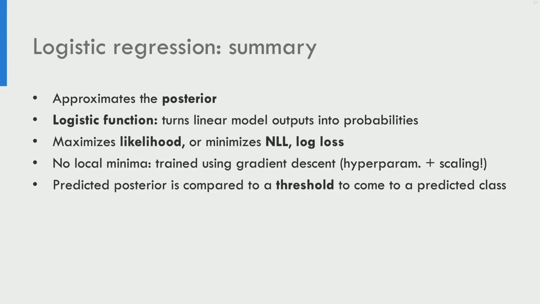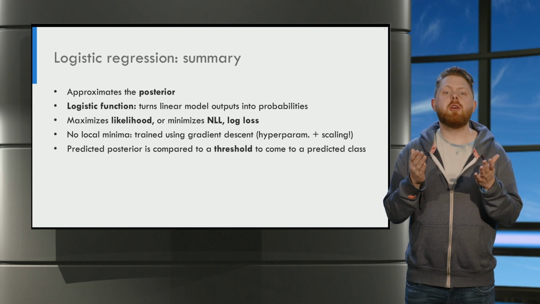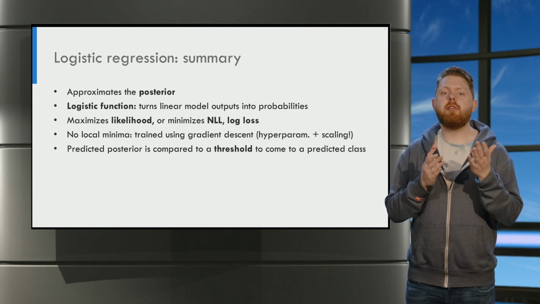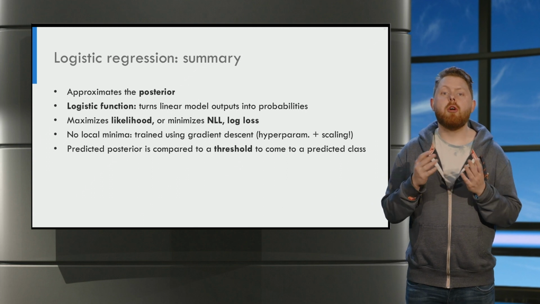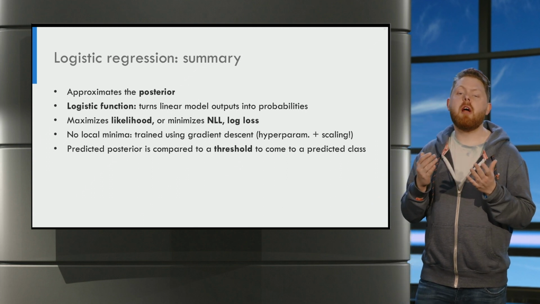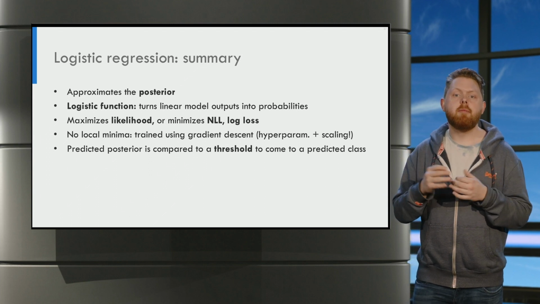Okay, let's summarize this video. Logistic regression approximates the posterior. We use the logistic function to turn the predictions of a linear model into probabilities. Furthermore, we have seen how to derive the likelihood, the probability of the training data.